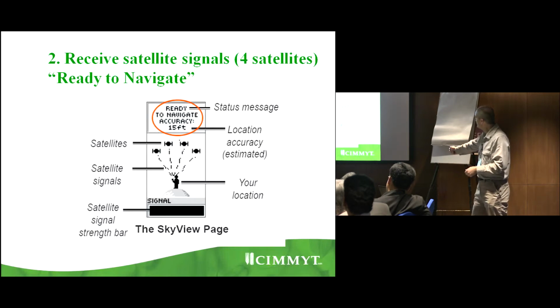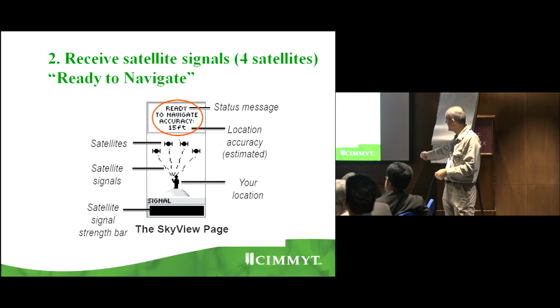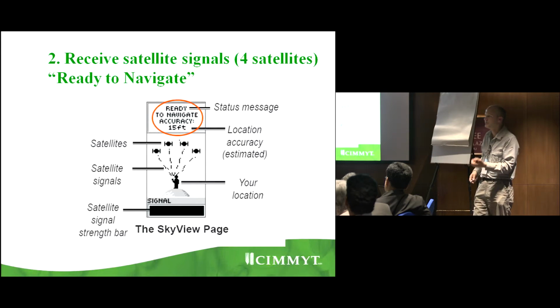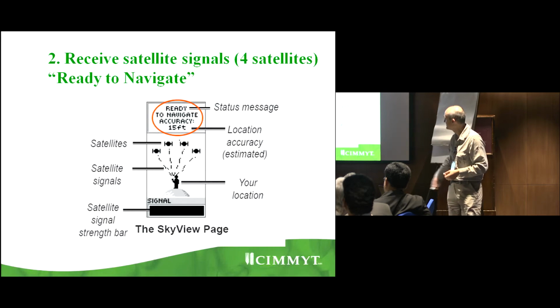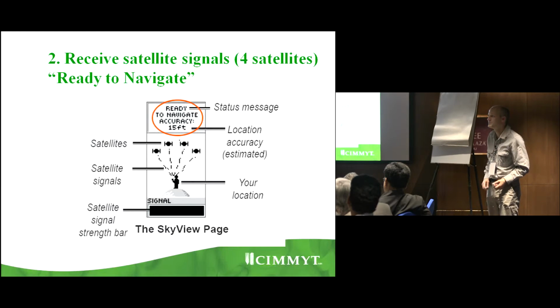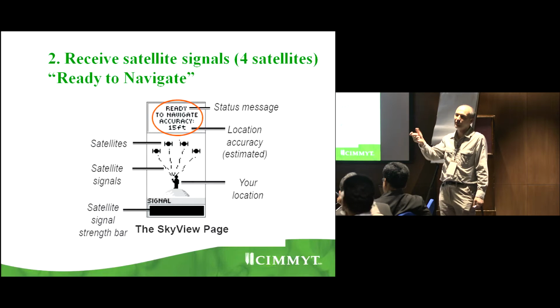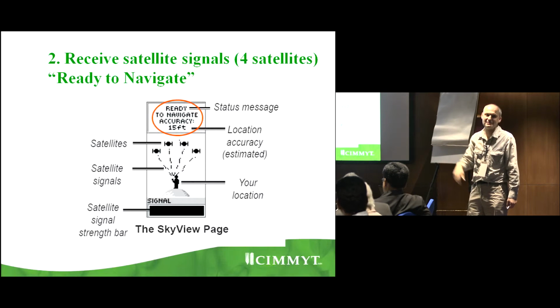So once you've got the signals from the satellites, then you'll see information that it is ready to navigate. And it will give you an accuracy value. This one's in feet, yeah, US system, but it'll say your accuracy is 4 meters, 5 meters, yeah.